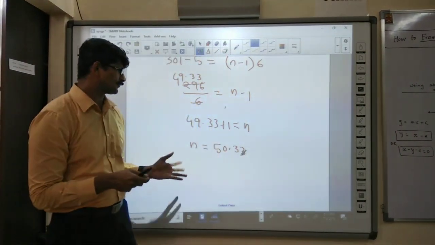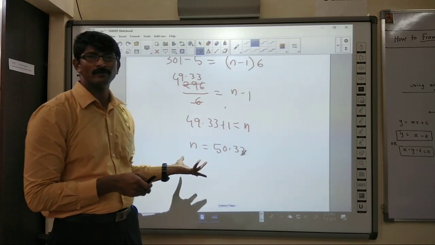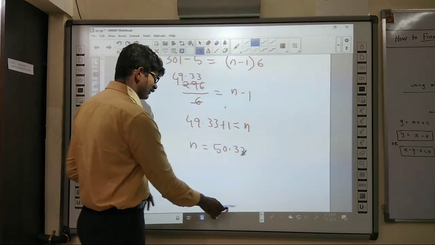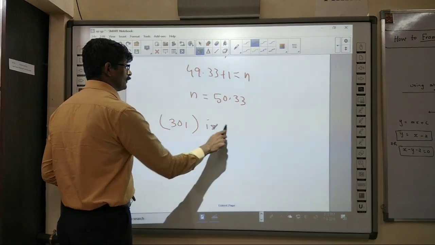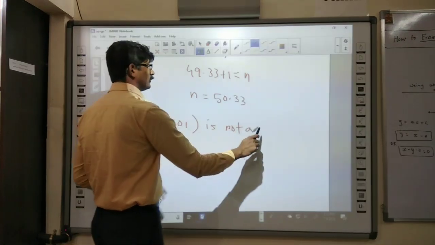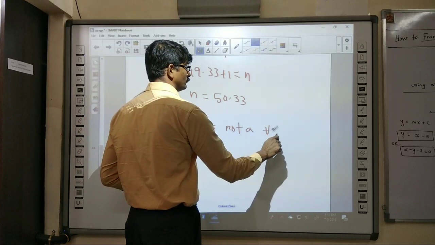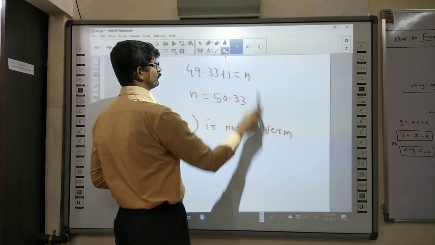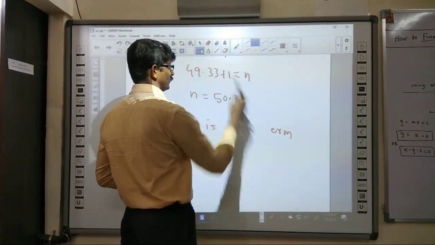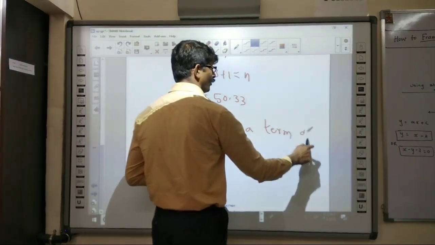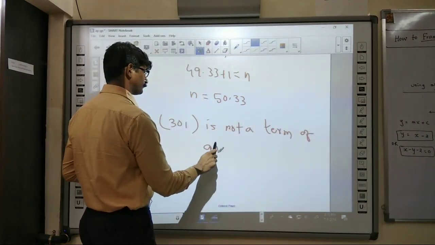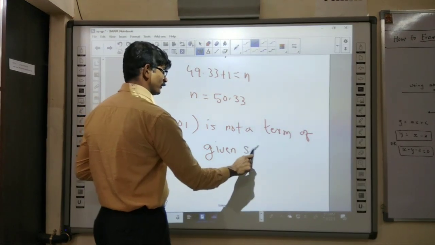Of course not, because n over here we got as a fraction. So 301 is not a term of the given sequence.